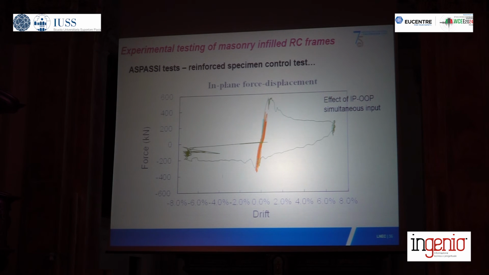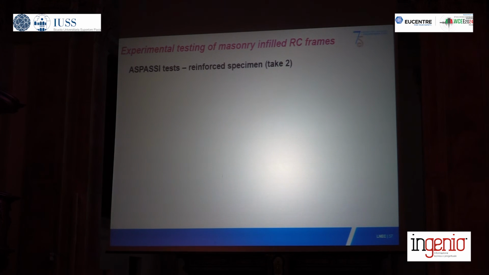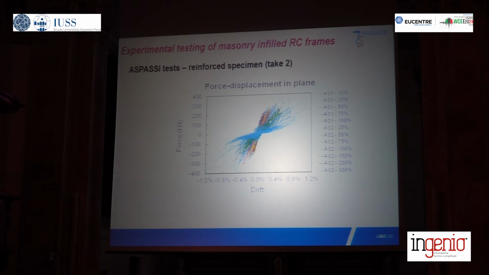So looking at take two of these tests, let's see if it goes. Okay, so we have this type of cyclic response throughout the stages. You don't have here the previous one for the unreinforced, but in terms of the strength capacity, it's very similar.